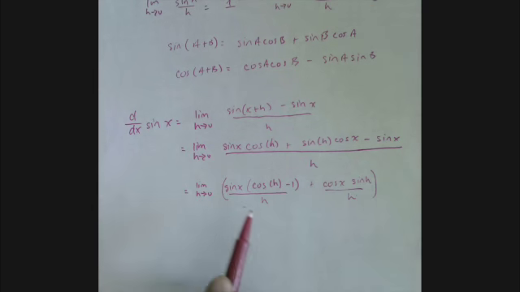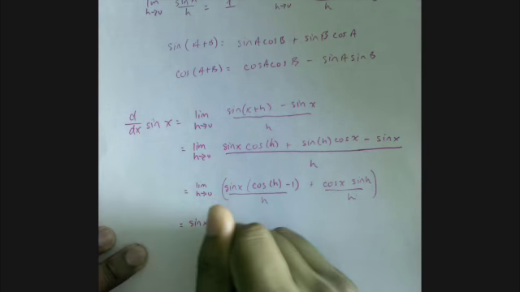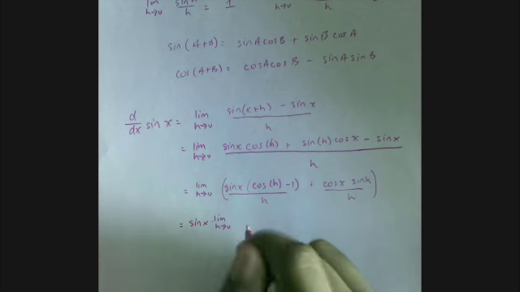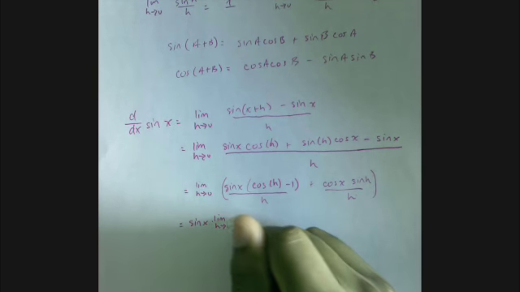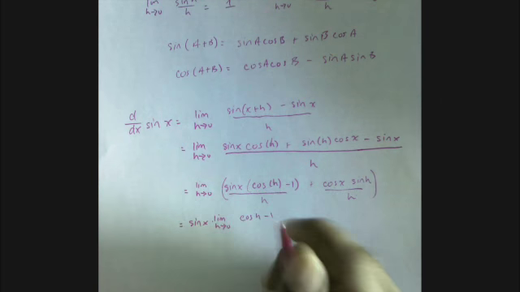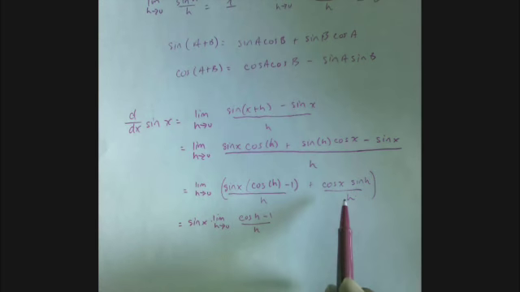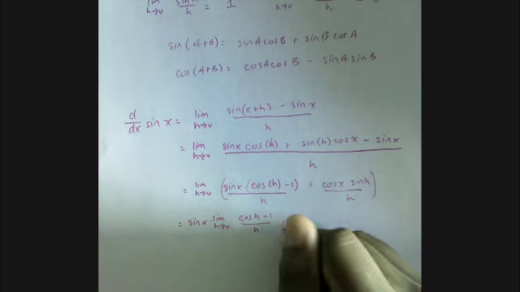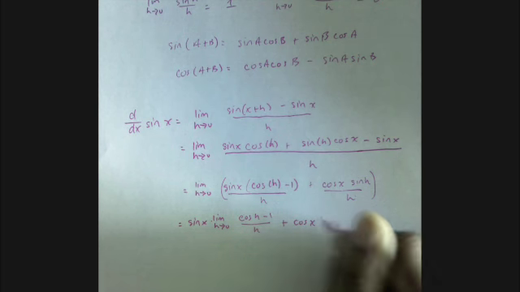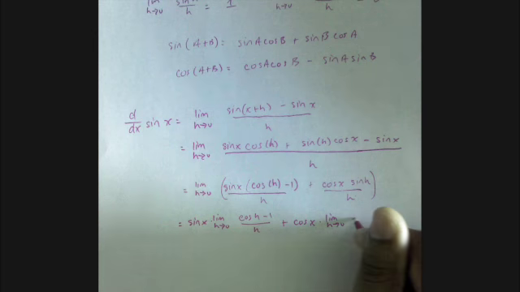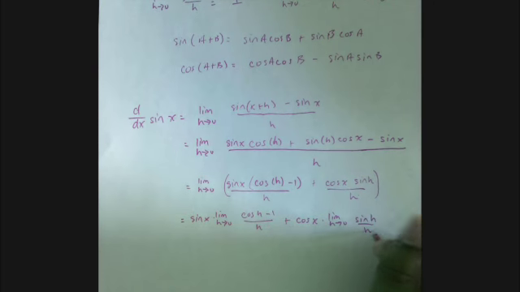So what I can do is take sine x out of the limit and get now sine x times the limit as h approaches 0 of cosine h minus 1 over h. I can repeat the same thing for cosine x here. I can now take the cosine x out and keep the limit of sine h divided by h.